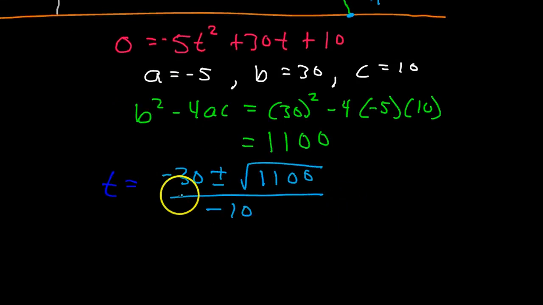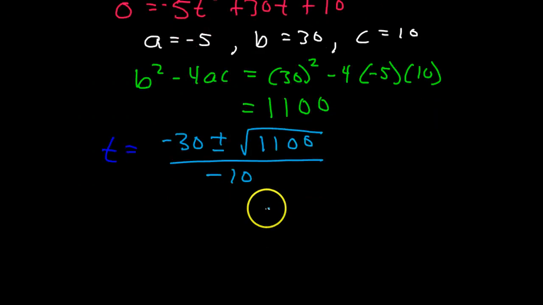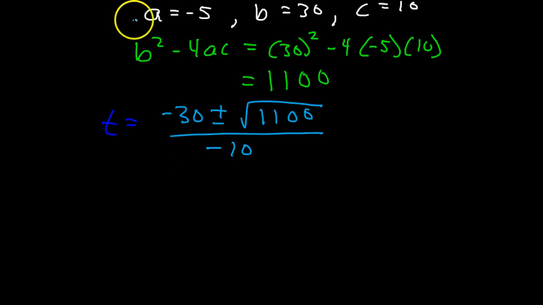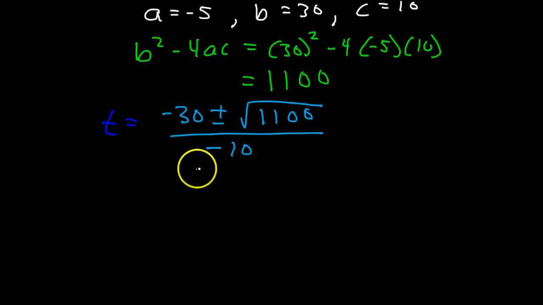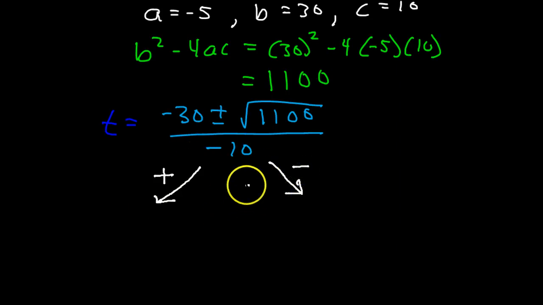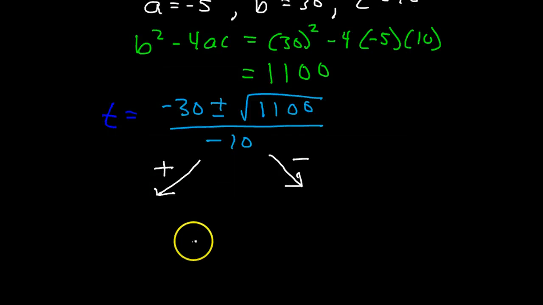If we calculate this, it'll actually give us two different times because of the plus or minus. So we need to do one calculation with a plus and one with a minus. I always do the plus first.